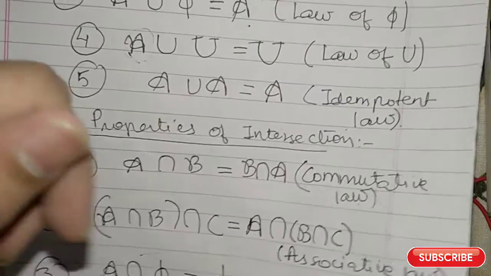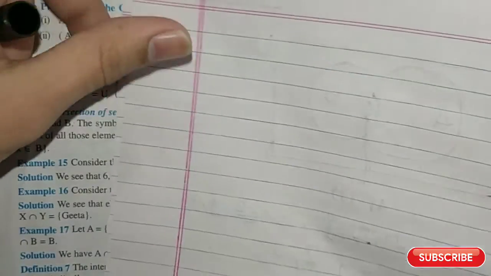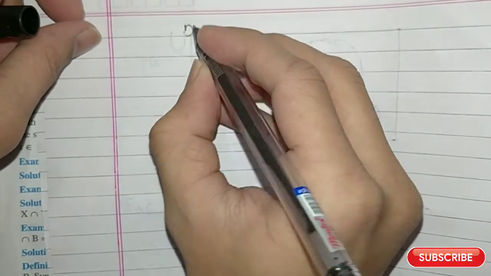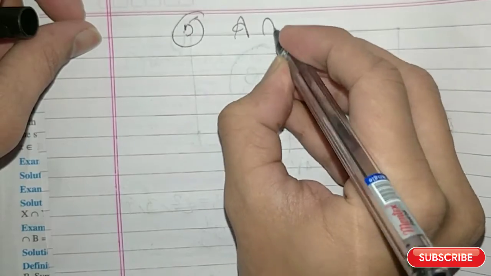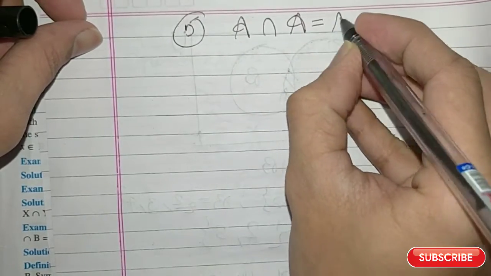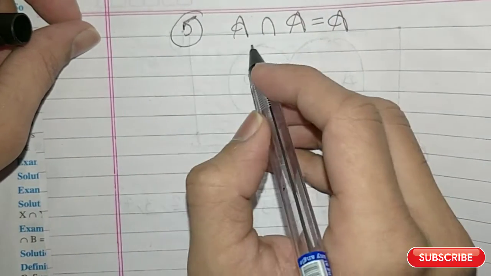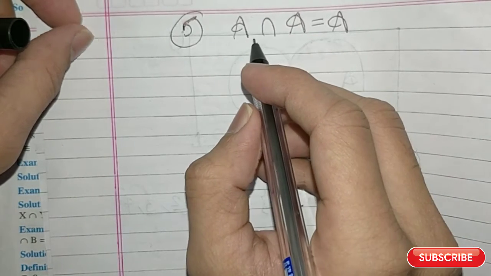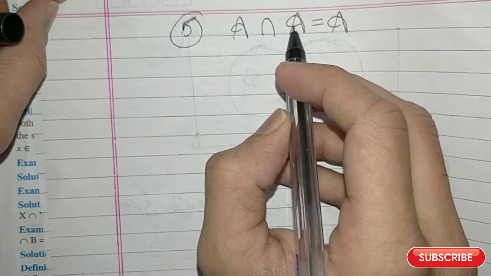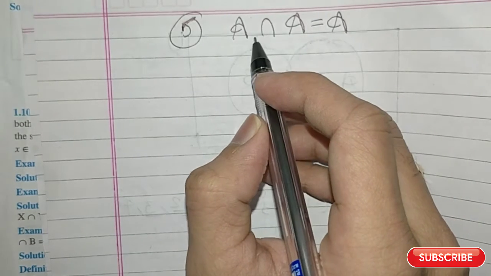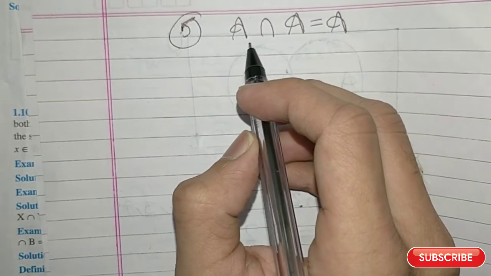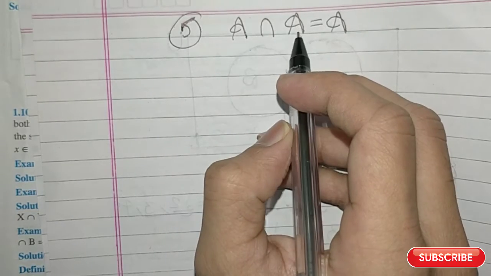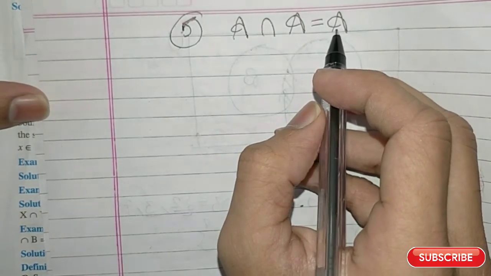Now let us go to the fifth property. The fifth property is A intersection A is equal to A. If you take the intersection of A and A, you are taking all the elements which are common to A and A, so you will get all the elements of A only.